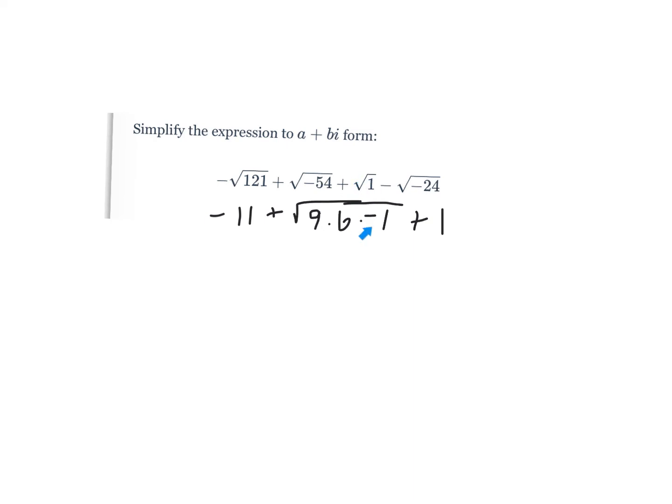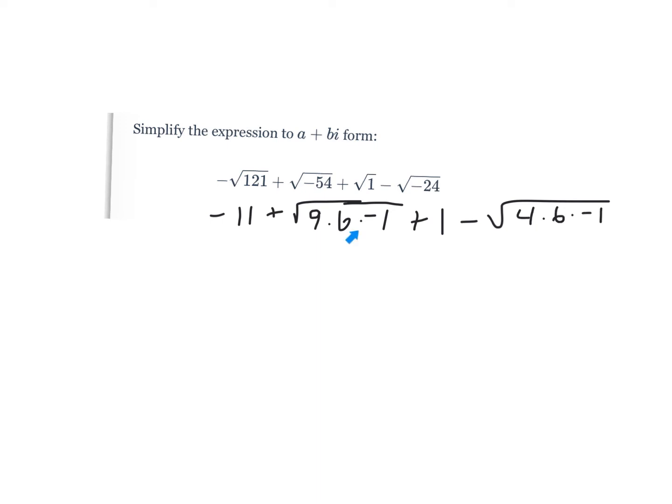So the square root of 1 is just plus 1. And now minus the square root of negative 24. So let me keep working that out. Minus, and then the square root of negative 24. Let's break that down. So 24 would be 6 times 4, or I'm going to say 4 times 6, and then, of course, times negative 1, because it's a negative 24.